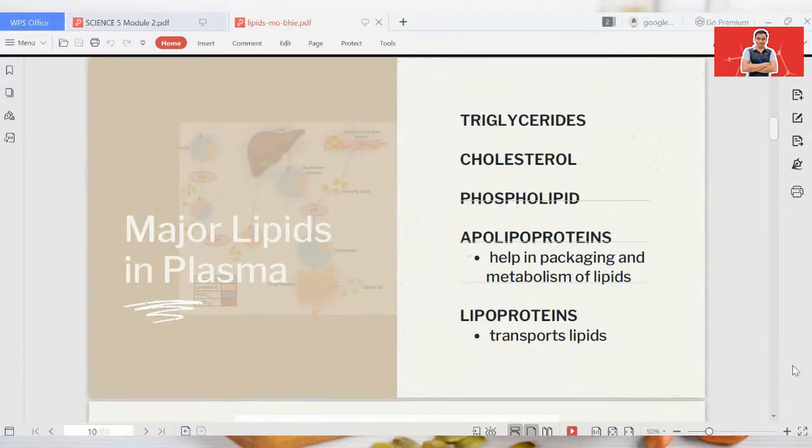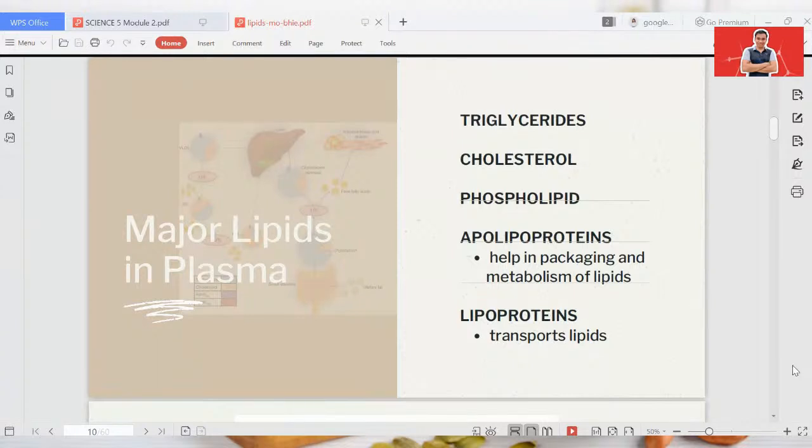So major lipids found in our plasma are triglycerides, cholesterol, phospholipids, and lastly yung lipoproteins. Yung triglycerides natin, from the term itself, it contains 3 fatty acid molecules attached to 1 molecule of glycerol by ester bonds, and it can produce different forms yung fatty acids.